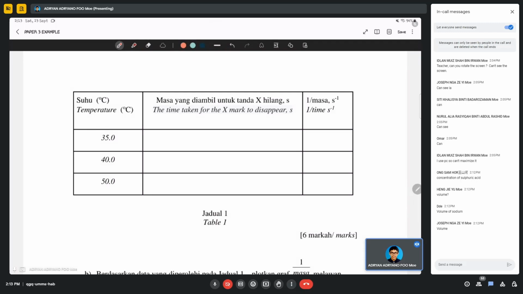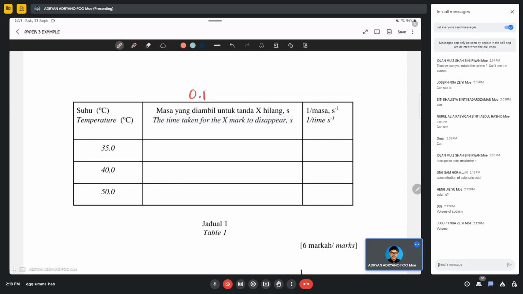Alright. On your stopwatch, the smallest decimal place you can measure is 0.1, right? 0.1 second. Unless your stopwatch can go until 0.01. But usually no, 0.1 second. So, you must follow this one.